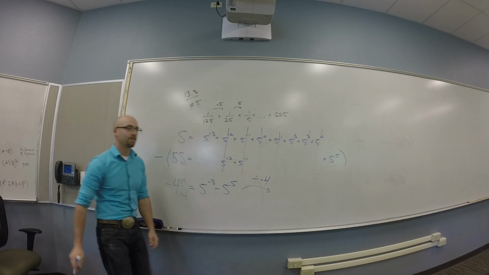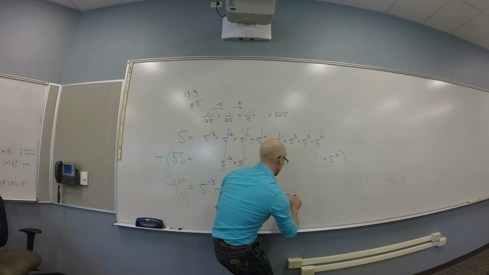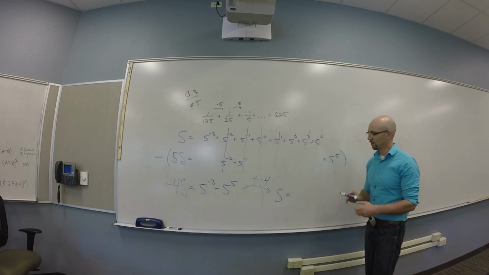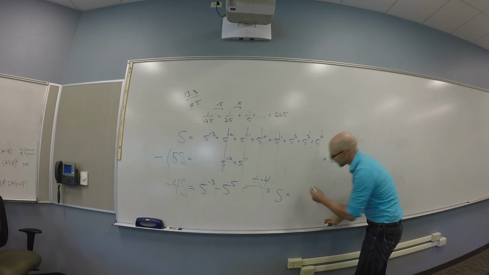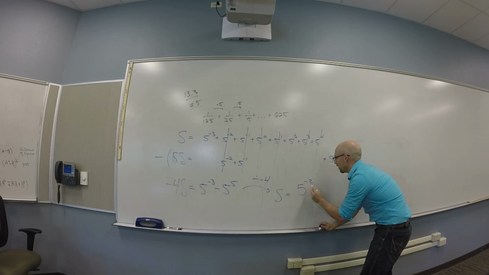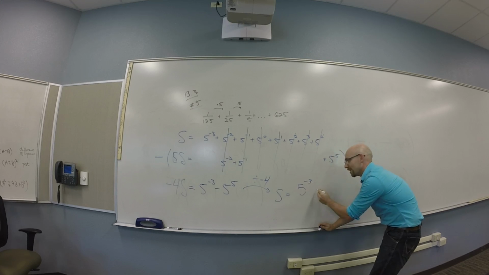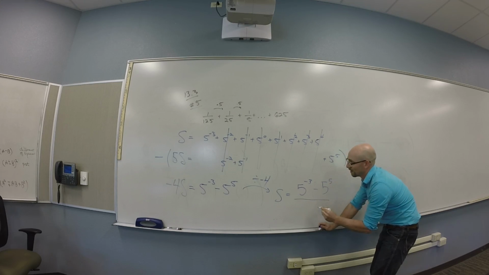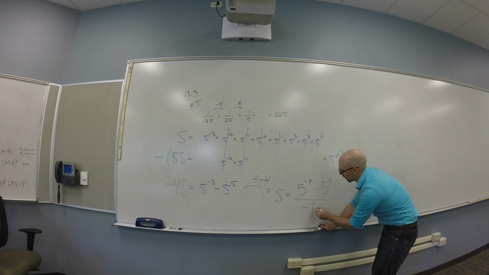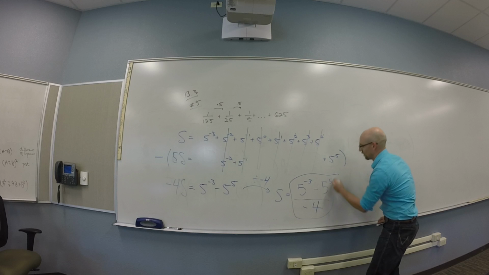Divide both sides by negative 4. So your sum is 5 to the negative third minus 5 to the 5th, all over negative 4. And that, ladies and gentlemen, is my answer.